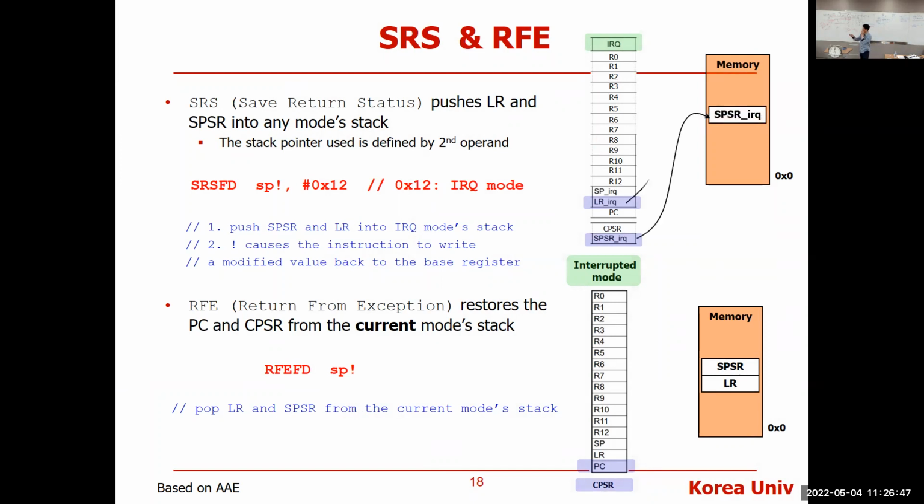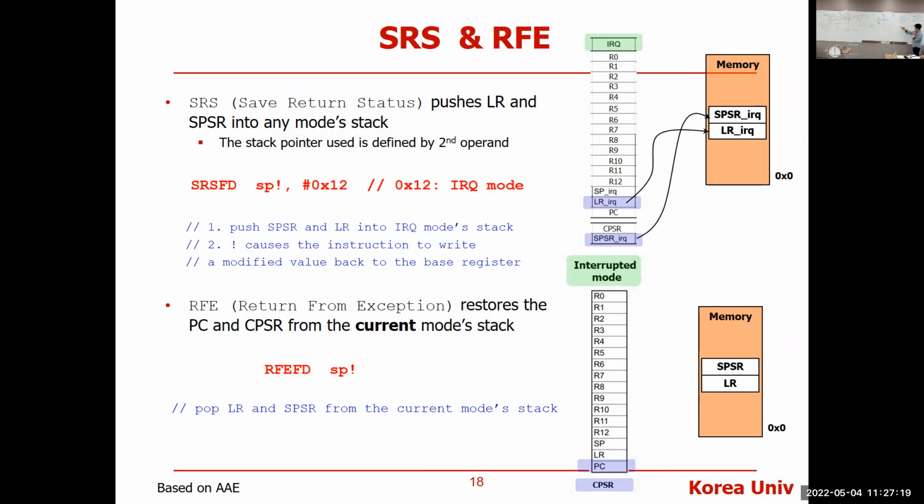Save return state, that is the format. SRS, then a suffix, full descending. Remember, when we discussed memory access instructions and stack operation, full descending is the default. We assume the stack is full. Memory, location 0, addresses incrementing like this, and that is the stack.